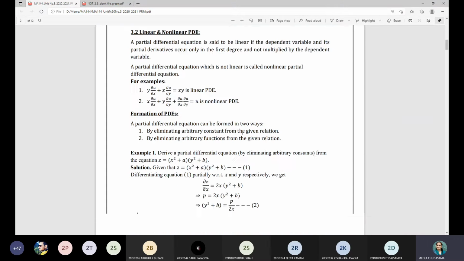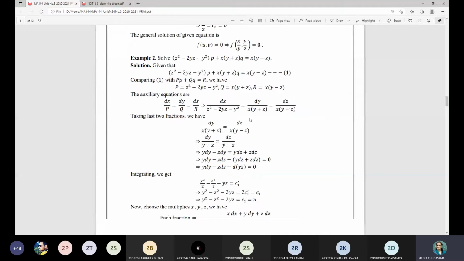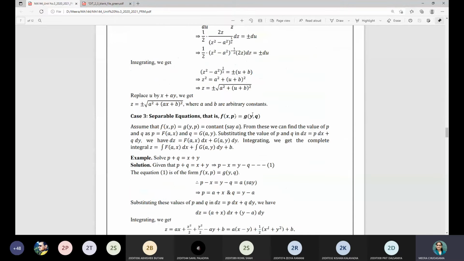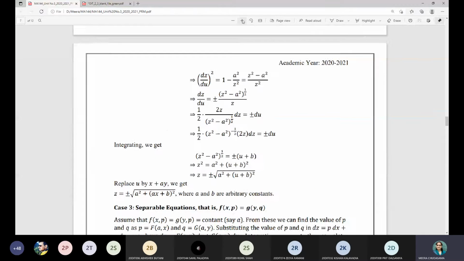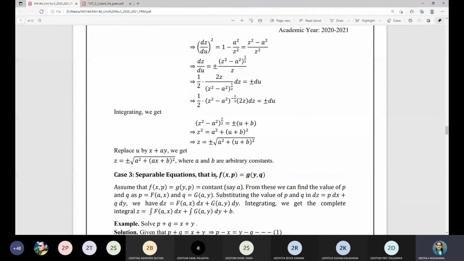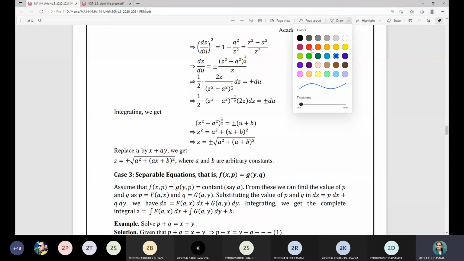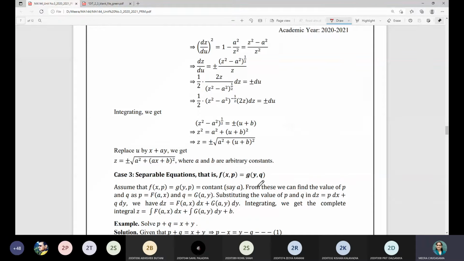If I show you the procedure, yeah, it is here. A separable equation is f of x comma p equal to g of y comma q. So it will be an expression in separable variable form. Those two expressions are equal only when they are constant. Suppose we denote it with a, then we can find p and q as some function of a and x, and some function of a and y.